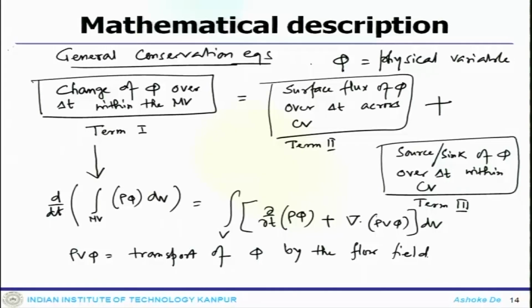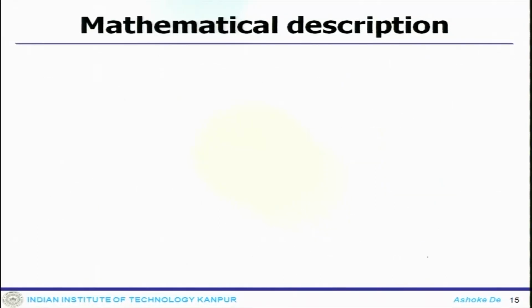Okay. So essentially this is my convection flux. So I will designate that one convection equals to rho v phi.